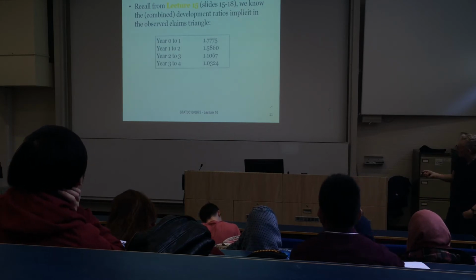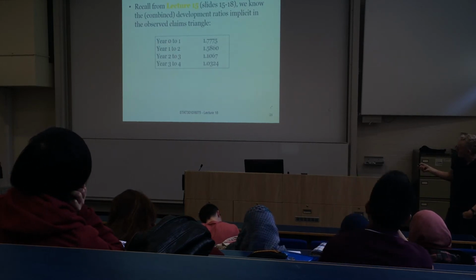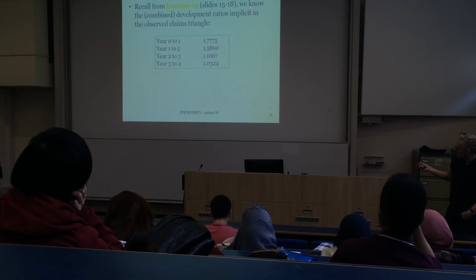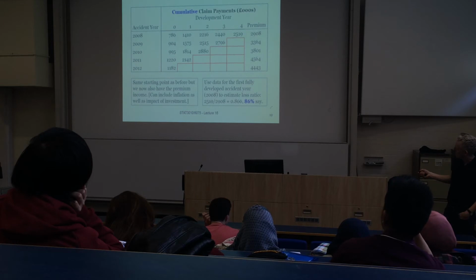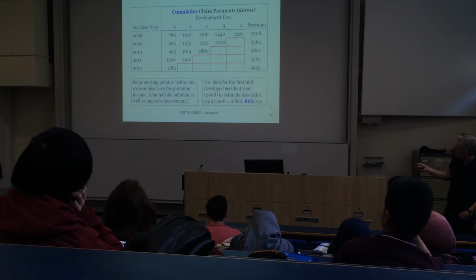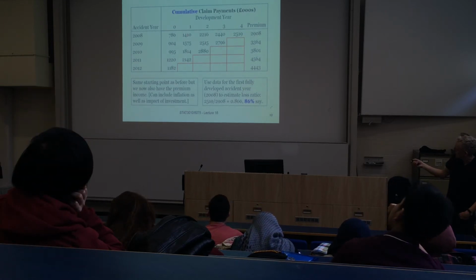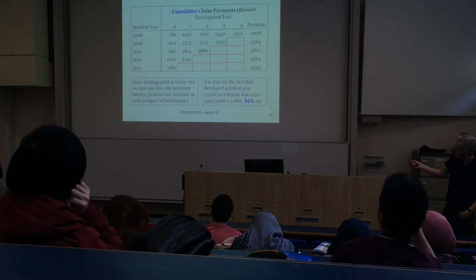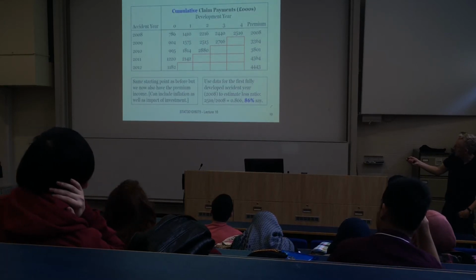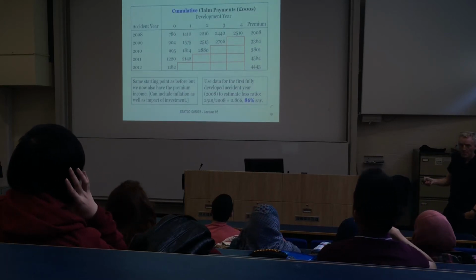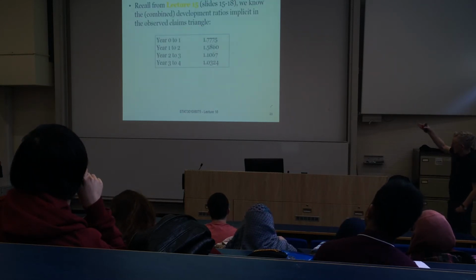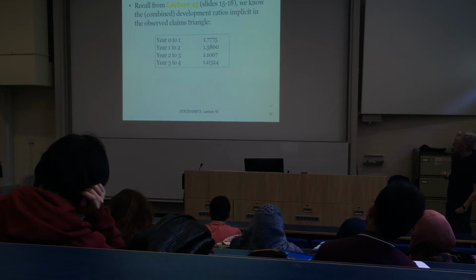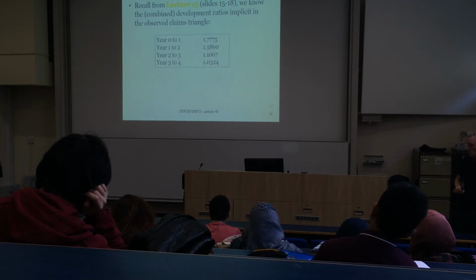For example, the development factor for year 0 to year 1 was 1.775, pooling these four numbers, adding those up, and dividing by the sum of these four numbers here. So this set of development factors we've seen before.